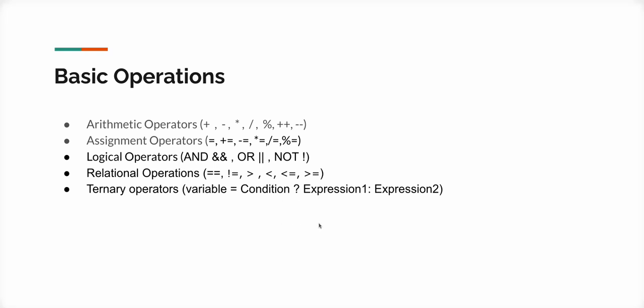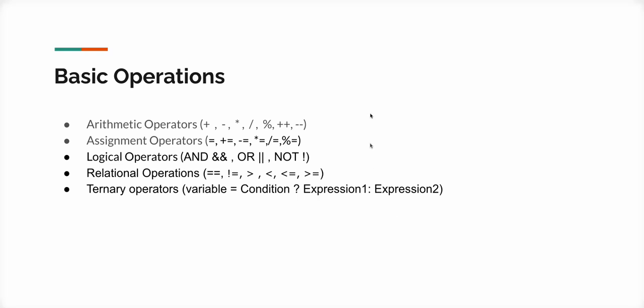It will evaluate to expression one if the condition is true, and the colon is what we call the else part. In the future, we're going to treat conditional statements, if-else statements, and so on. If it is not true, then it will evaluate to expression two.